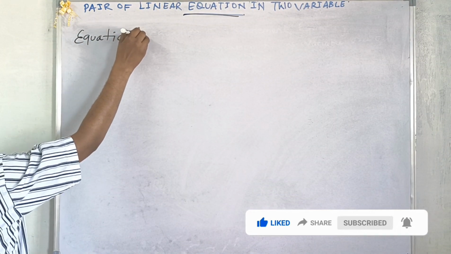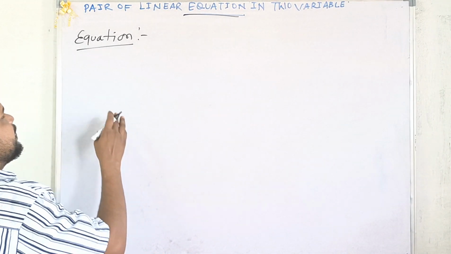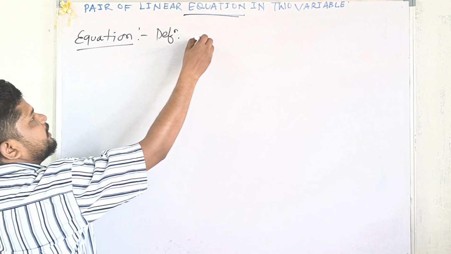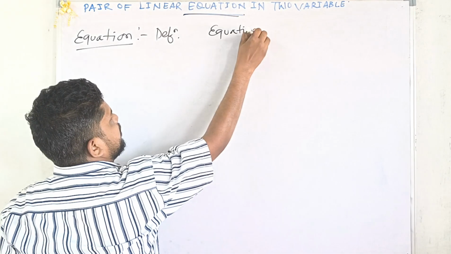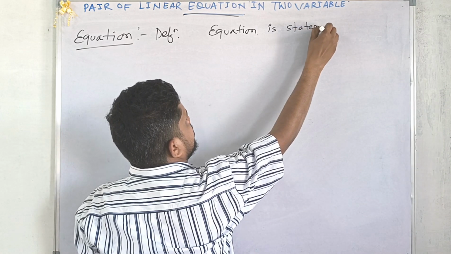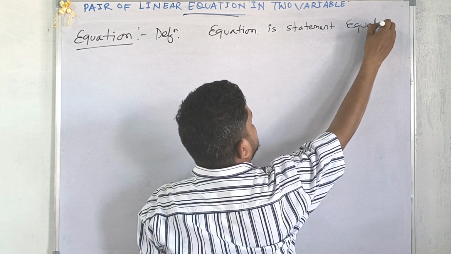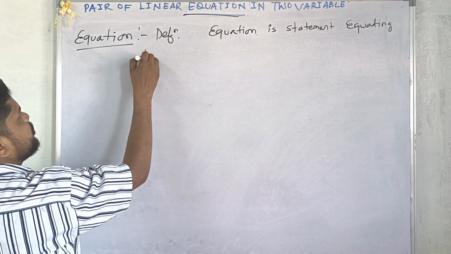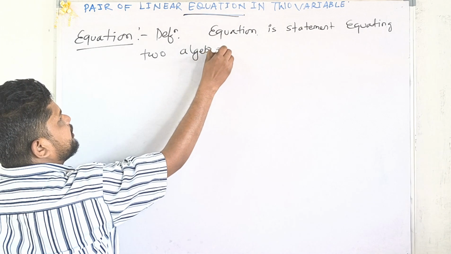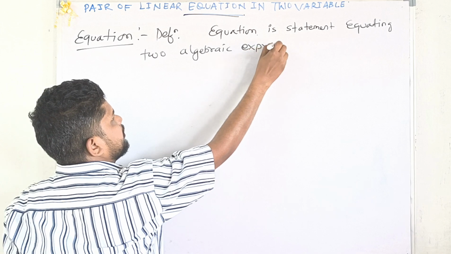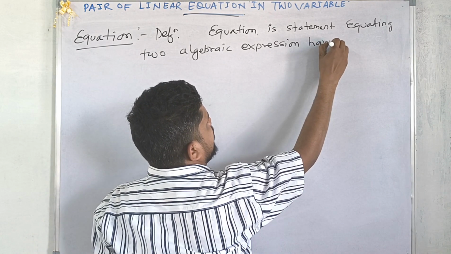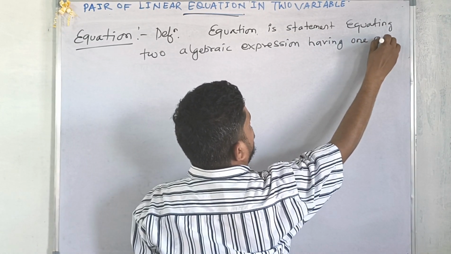Dear students, in class 9th we have learned about equations, and the basic definition that we got in class 9th is that an equation is a statement equating two algebraic expressions having one or more than one variable.